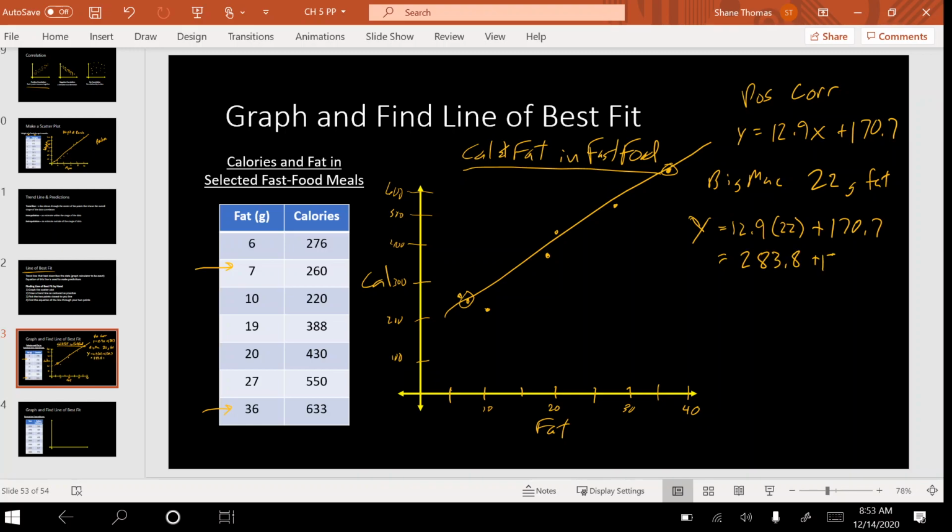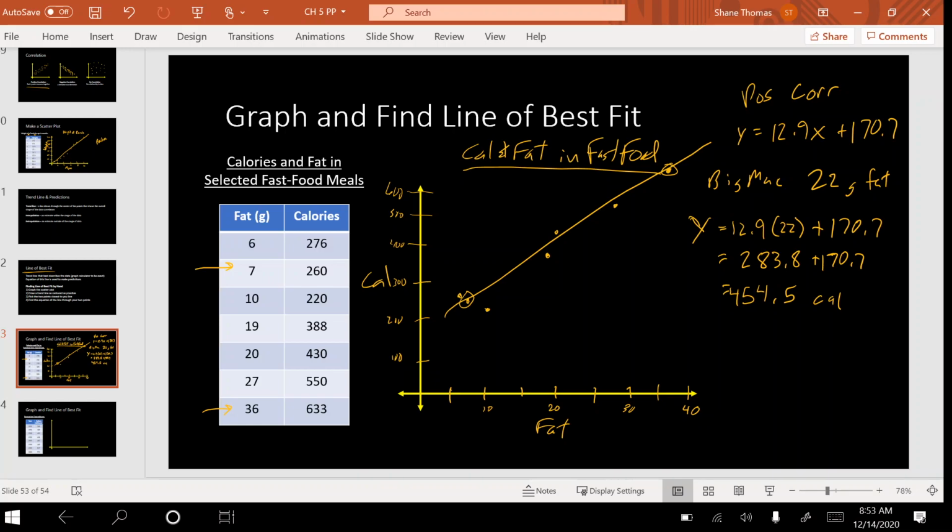Now plus 170.7 is 454.5. So if something has 22 grams of fat, we predict it's going to have 454.5 calories.